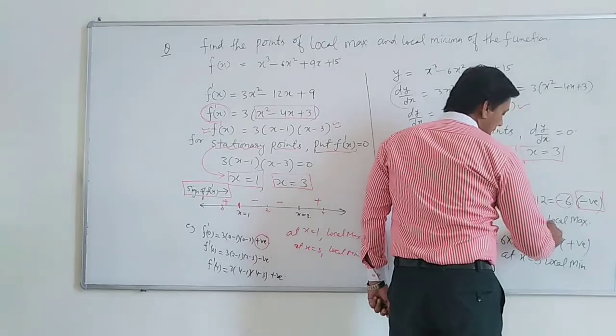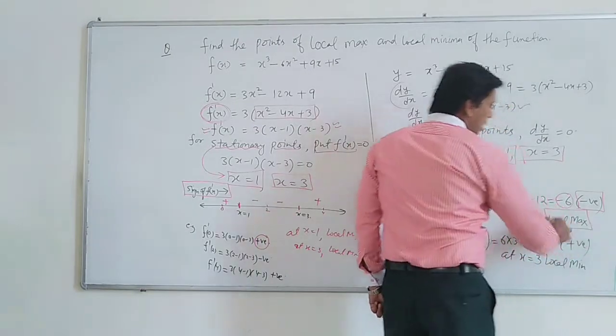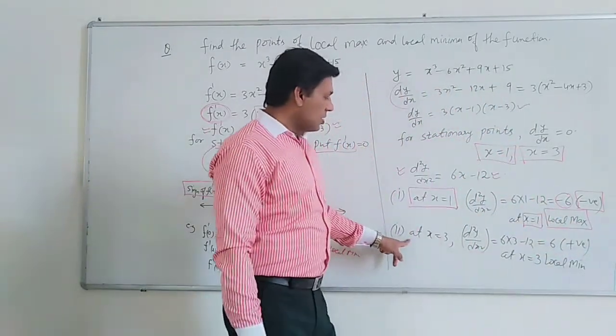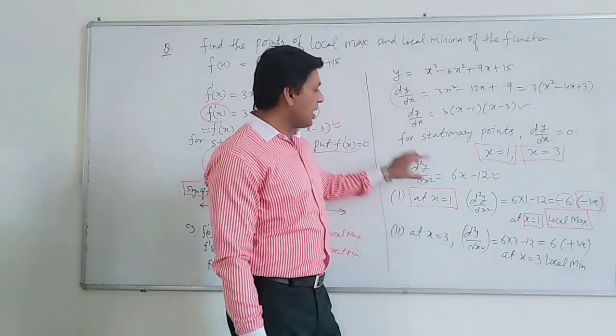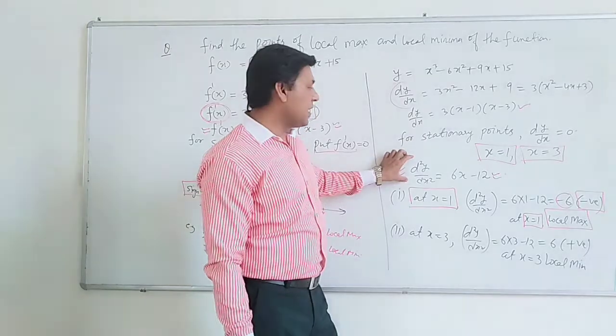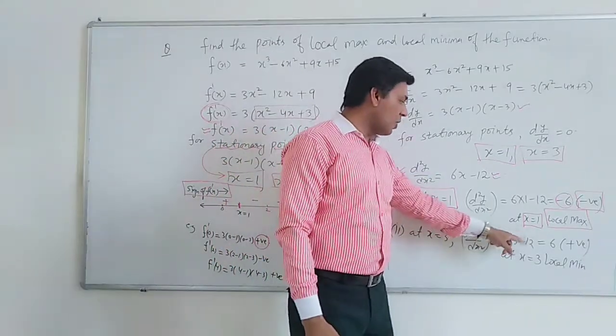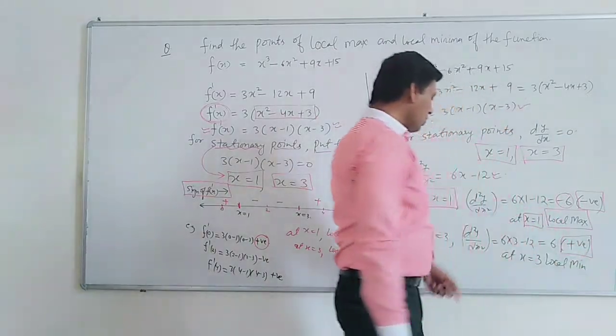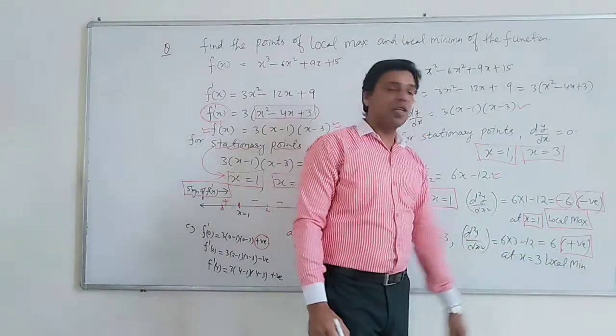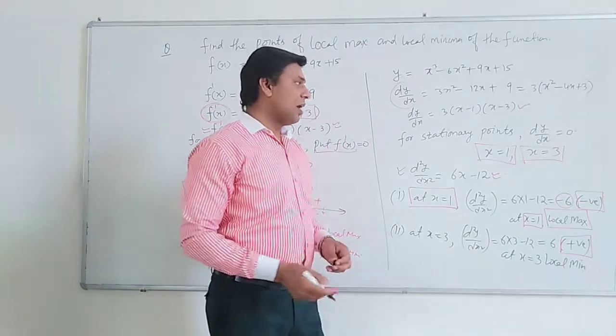So it means at x is equal to 1, there is local maxima. Now similarly at x is equal to 3, I am putting x is equal to 3 in the second derivative. So 6 times 3 is 18 minus 12. Now I am getting 6, which is positive. And in this case at x is equal to 3 there is local minima.